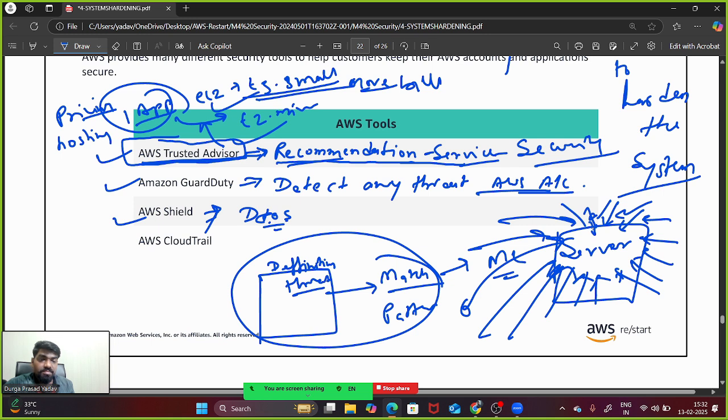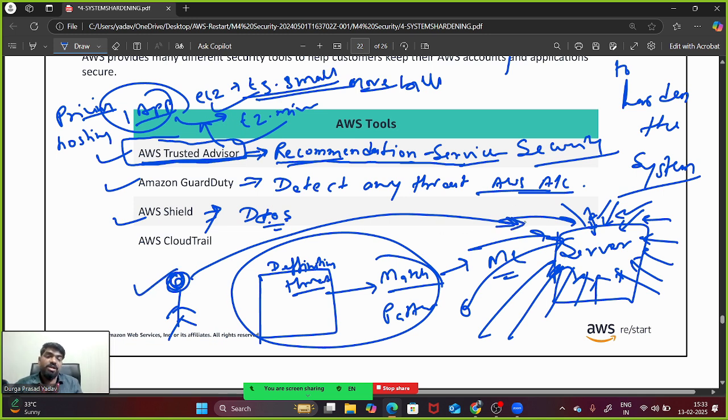Kind of flooding will happen, and the actual person sitting here trying to get the data from this server is not able to get it, because these people are doing the DoS attack on it, right? So AWS Shield will protect from denial of service on the AWS resource. And the last one is AWS CloudTrail.